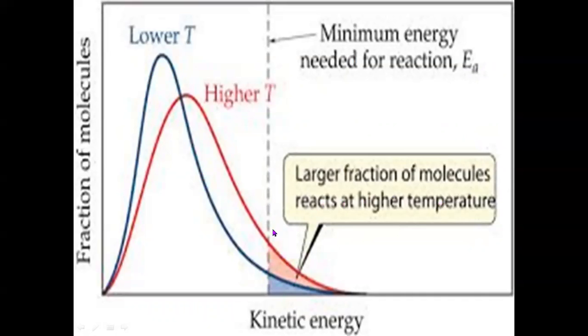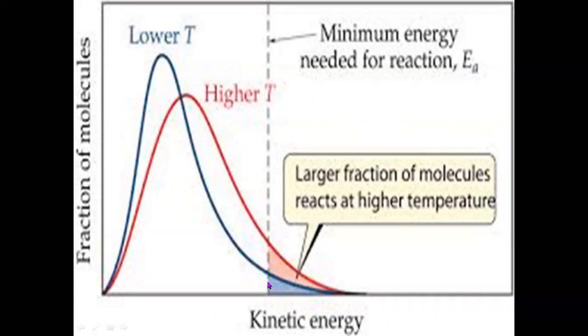So this is the energy which is called EA. This point shows the EA or activation energy which a particular molecule should possess, and above this all molecules, here we can consider it as a triangle, blue color plus red color, all molecules will possess EA or minimum amount of energy which can result into product, and this is for T2 temperature or at higher temperature.